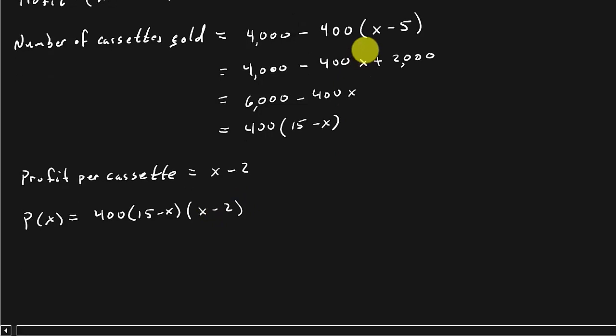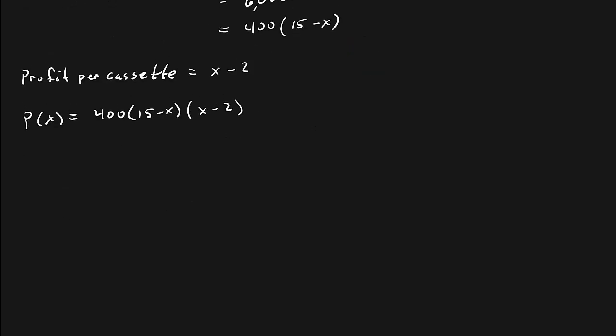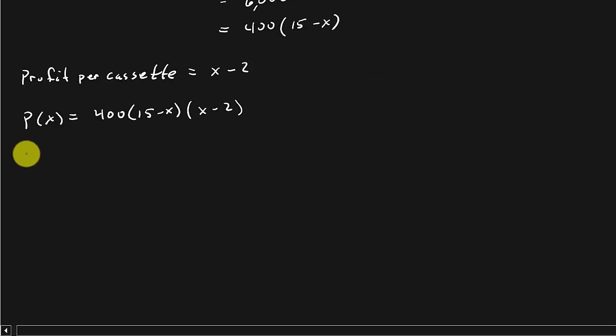And now we take the derivative of that. So to take the derivative, p prime of x, we can use the product rule. Let's just look at this as your first function, and this one as your second. So the derivative of this, the 400 is just tagging along. The derivative of 15 is 0, derivative of negative x is negative 1, so that's negative 400.